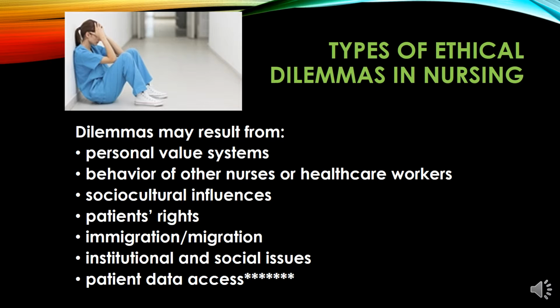Now, you can see that I've put asterisks beside those because my teammates will later discuss more in depth some of the ethical dilemmas that come about as a result of technology and accessing data.